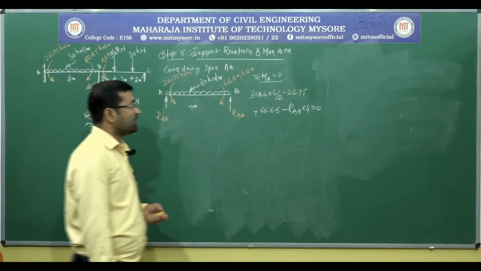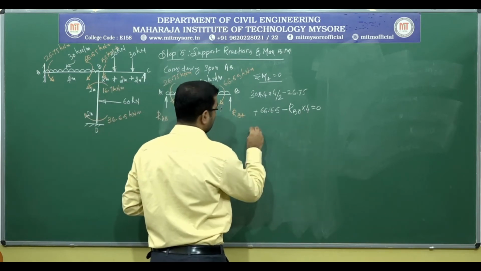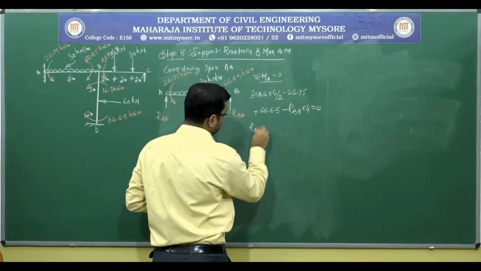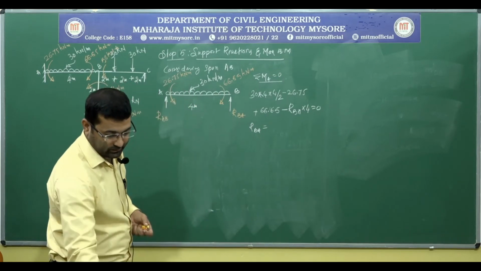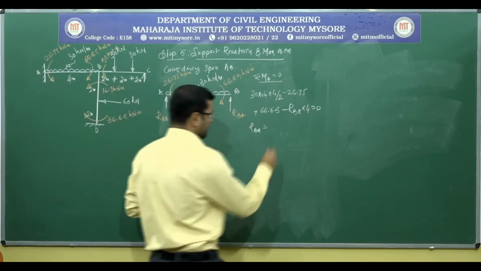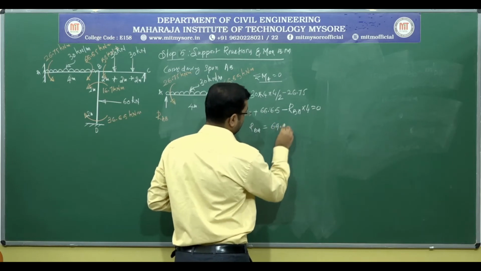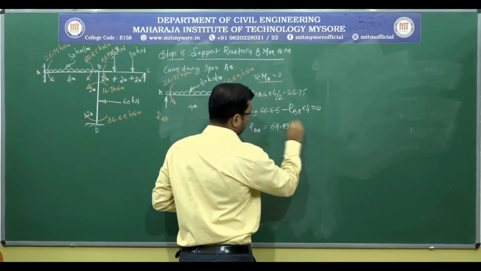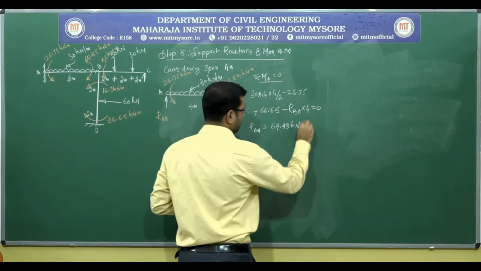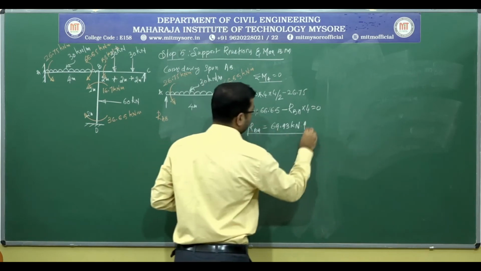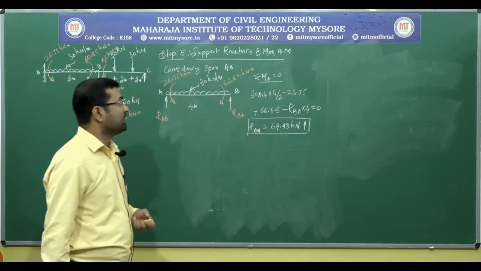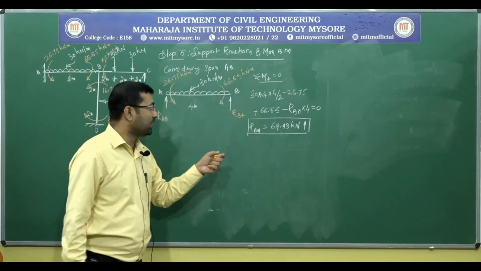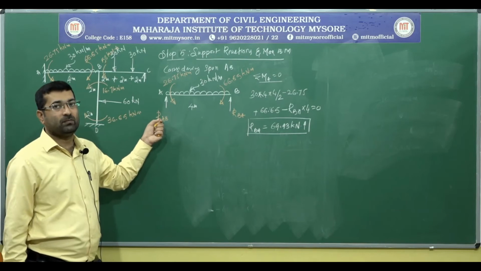In the entire equation we have RBA as the unknown. If I work it out, RBA is about 69.93 kilonewtons.